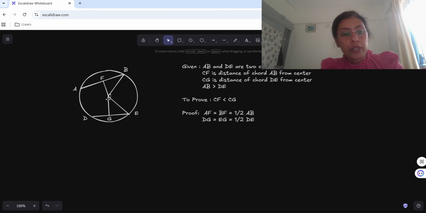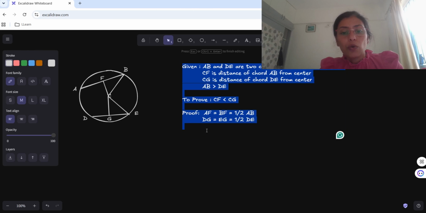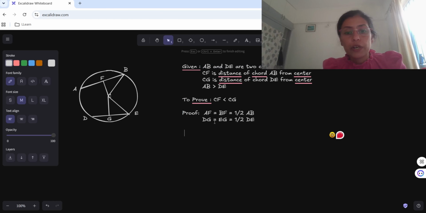Similarly, I have joined the center of the circle to an endpoint E of the chord DE. Okay, now what else do I know? When I joined it, BC is equal to EC. Why are they equal? Because they are both radii of the circle, right?